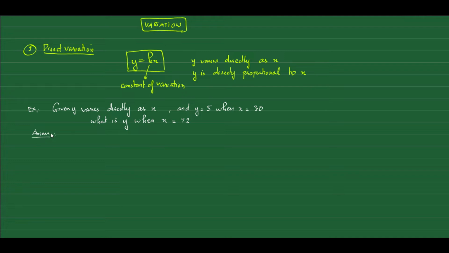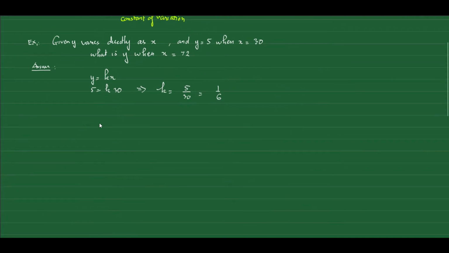So then we know that y varies directly, so we're going to use this formula, y equals kx. And we have to find the constant of variation. So we know that y equals 5, x equals 30. So from here, we can find k is 5 over 30, which is 1 over 6. Then we want to find y when x equals 72. So k is equal to 1 over 6 times x is 72.